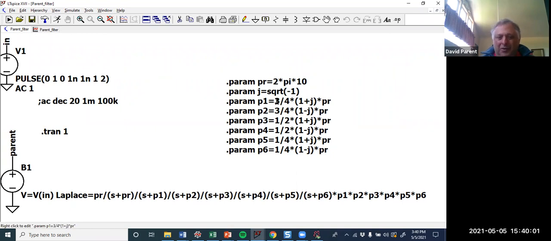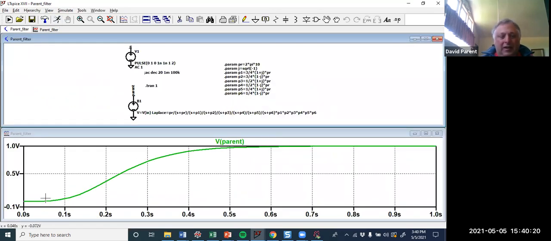It looks like I'm going by 3/4, 1/2, 1/4, and it's giving me my complex conjugates. And then I programmed everything into the behavioral source of LTspice. And even though time domain from Laplace is difficult, that's essentially a low pass filter.